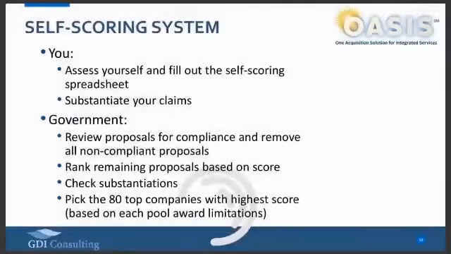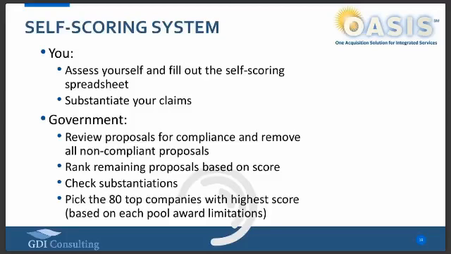Okay. Now let's talk about what a self-scoring system is. I'll cover this very quickly and go into the specificities of OASIS. But essentially, a self-scoring system, or as they call them, best in class, is that, based on the criteria that the government gives and the scoring system that they give, you fill out a self-scoring spreadsheet, and then you substantiate your claims.